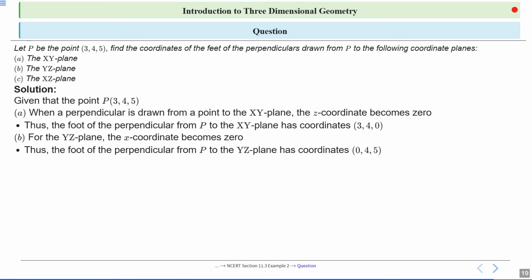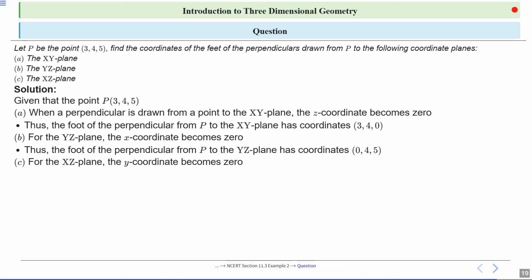So this shows us the foot of the perpendicular from point P to the yz plane will keep the y and z values the same, but the x value becomes 0. So the coordinates are 0, 4, 5. Now, let's consider part C. For the xz plane, we set the y coordinate to 0.